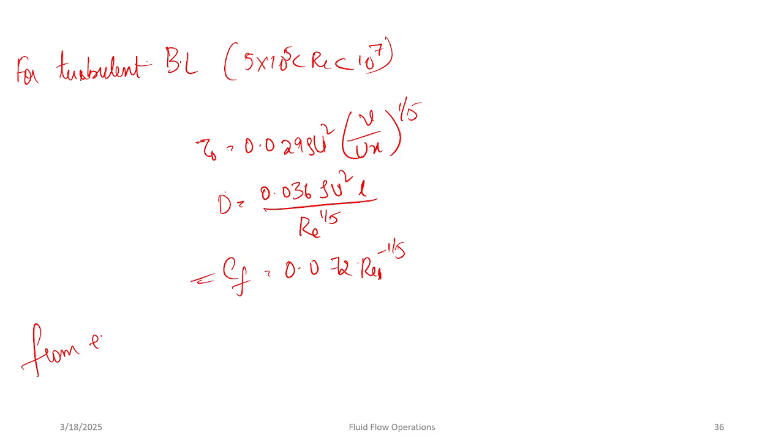This is theoretical, and from experimental results, CF was found to be 0.074 into RE power minus 1 by 5.